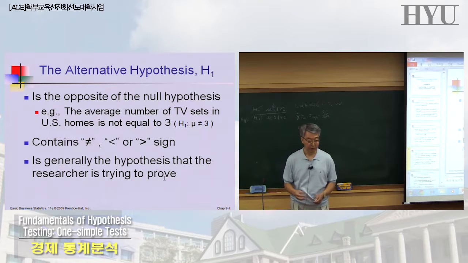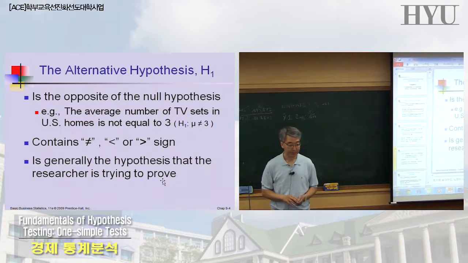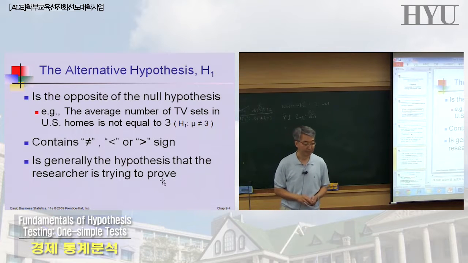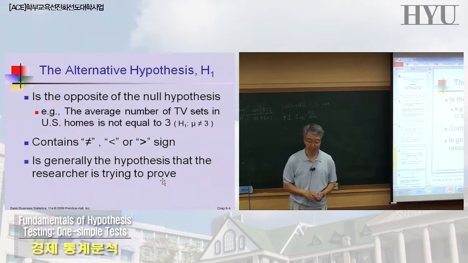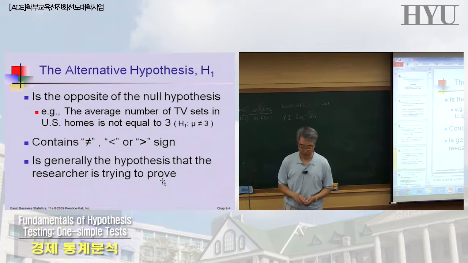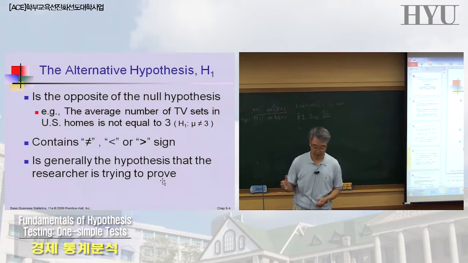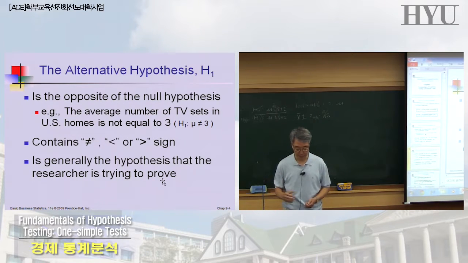Any idea? The null hypothesis must have been that the average number of TV sets in U.S. homes is equal to 3. The null hypothesis and alternative hypothesis are just the opposite.